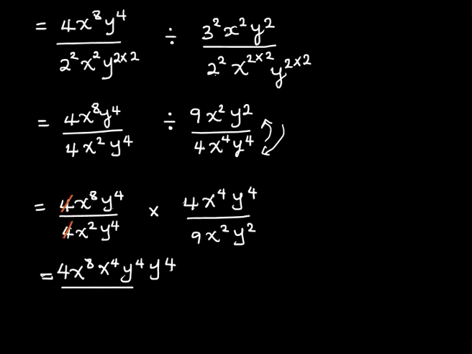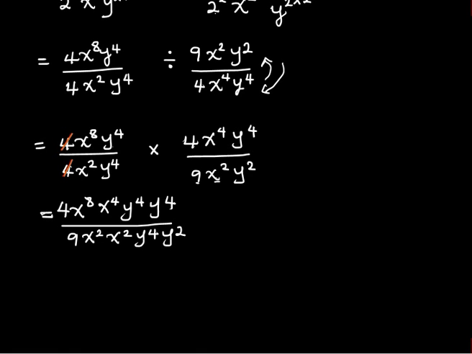Out of x, we can first bring this 9, then x squared, and this x squared, then y to the power of 4, and y squared. So let's create some space.